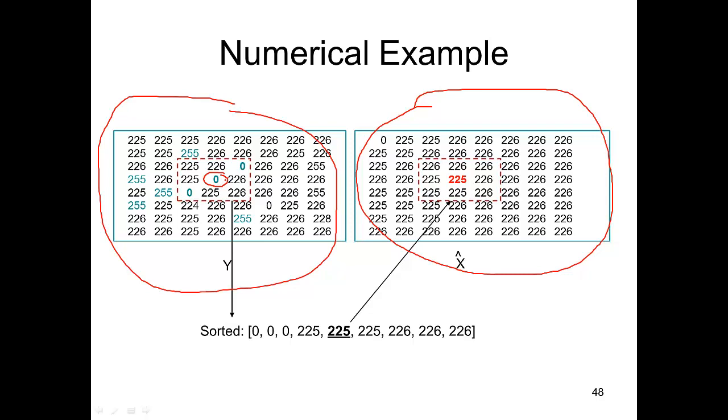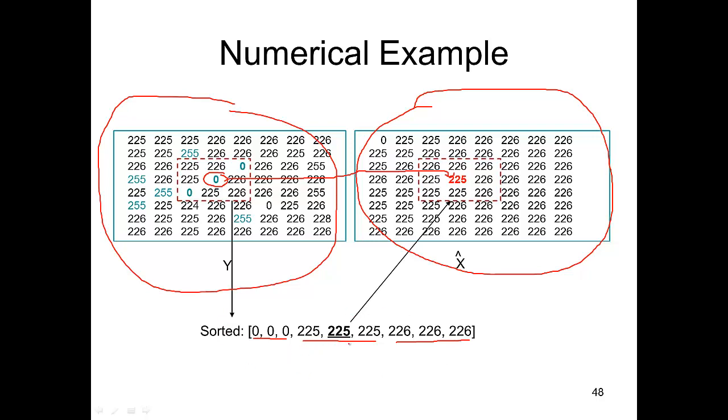In order to get the new pixel in the noise reduced image, we first do a median operation. Just list these 9 pixels in order. We have 0, so 0 goes first. Then 255, then 226. Let's get the order.